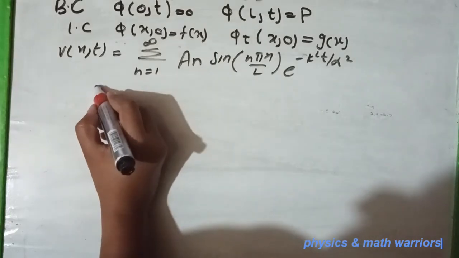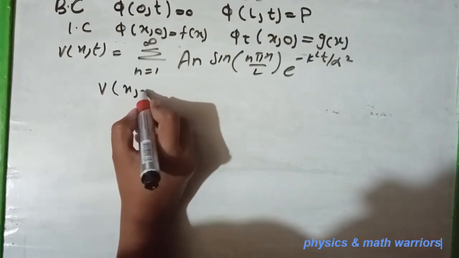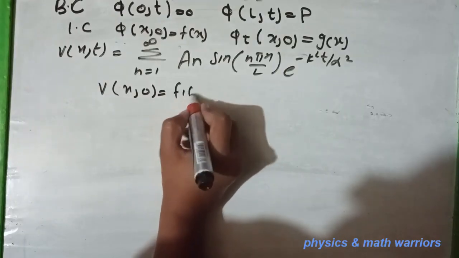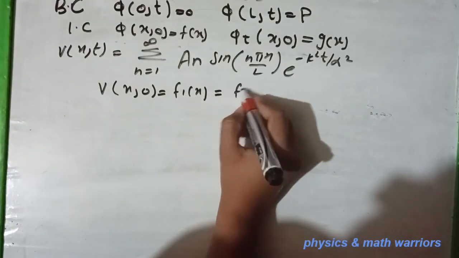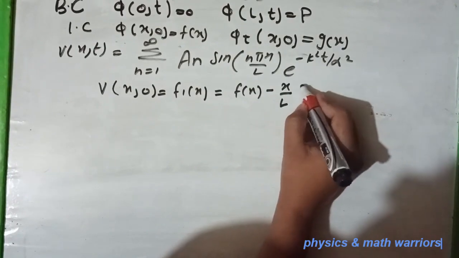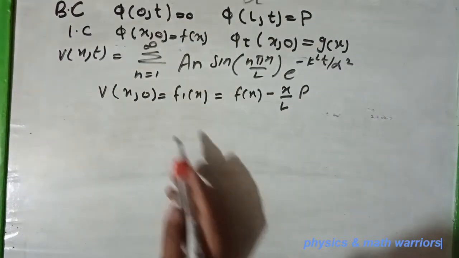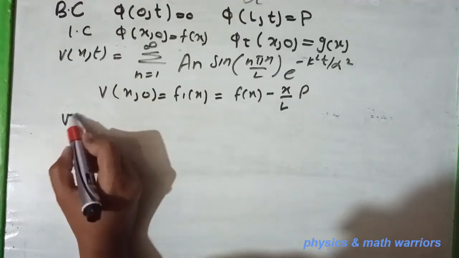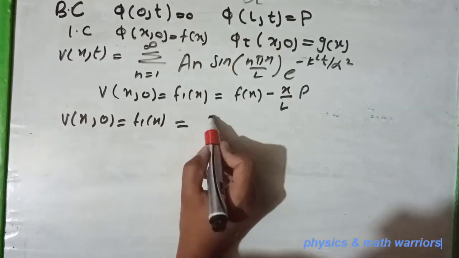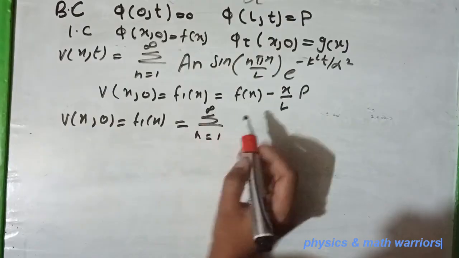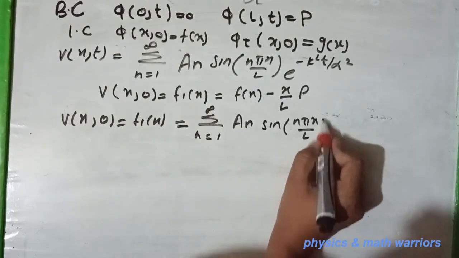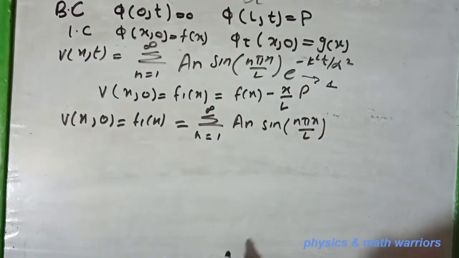Now we will use the initial condition, which is v of x and 0 is equal to f1 of x, which is equal to f of x minus x over L p. So the above equation becomes v of x and 0 is equal to f1 of x is equal to summation n is equal to 1 to infinity an sin n pi x over L, and this term is equal to 1.